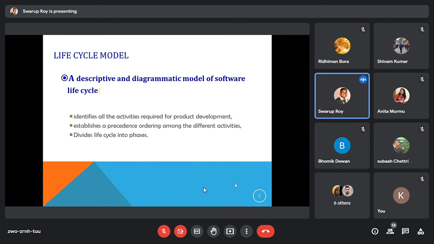Now what is a life cycle model? It is basically a descriptive or diagrammatic model of a software life cycle.